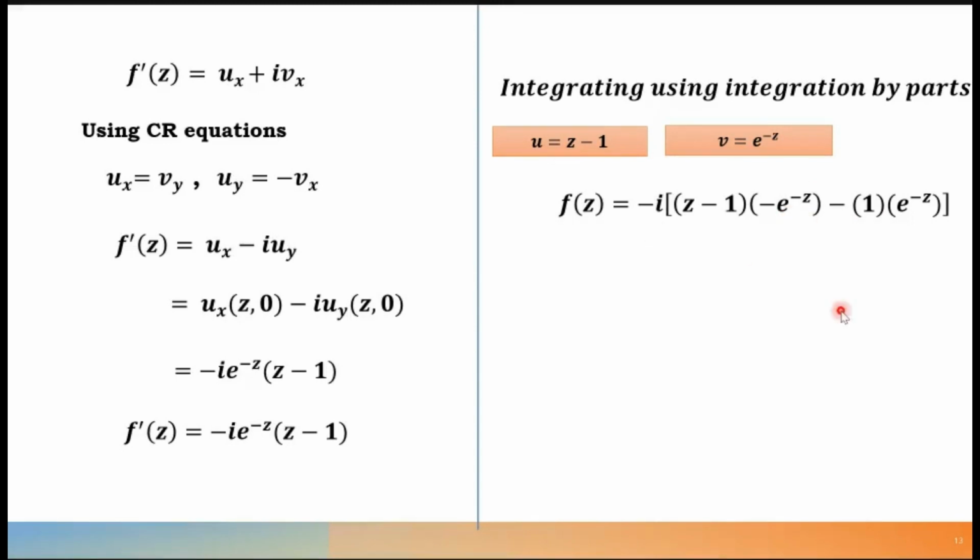Open the bracket, simplify, and write the final f of z. If we take e raised to minus z common, I get minus z plus 1 minus 1. 1 and minus 1 get cancelled. So I will get minus z into minus i, that becomes plus iz e raised to minus z plus c.